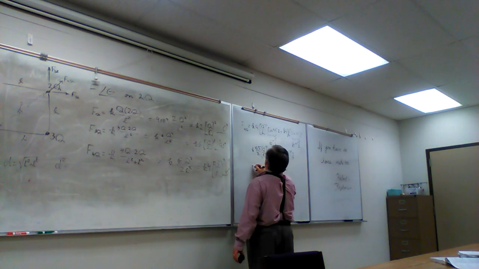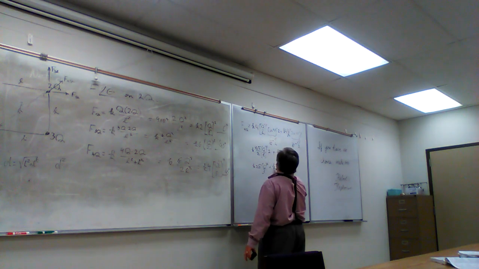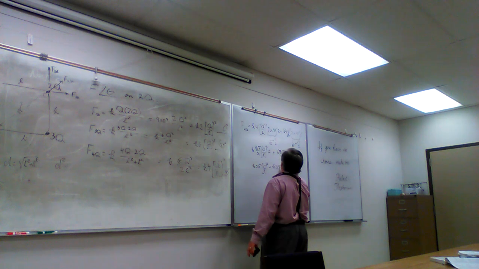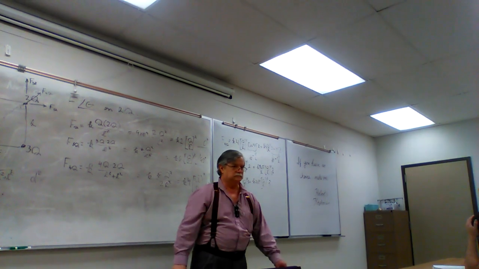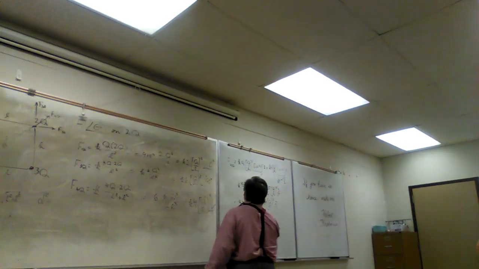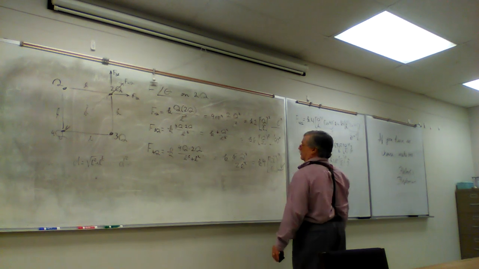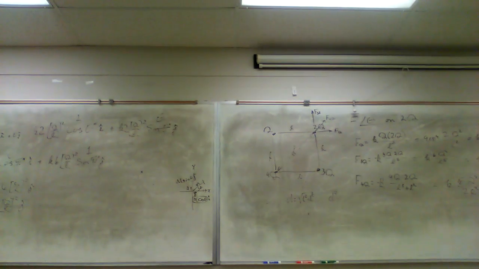And we end up with K times 2 times the square root of 2 Q over L squared I plus K 2 square root of 2 Q over L squared J. I left out the I there. Sorry. Now this is F4Q, which we can add to this.